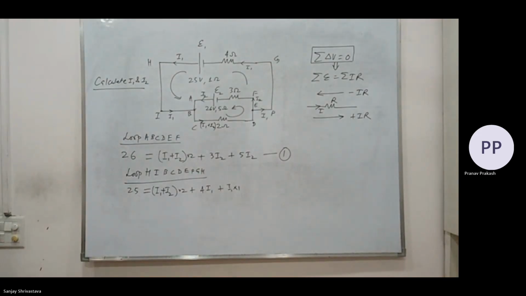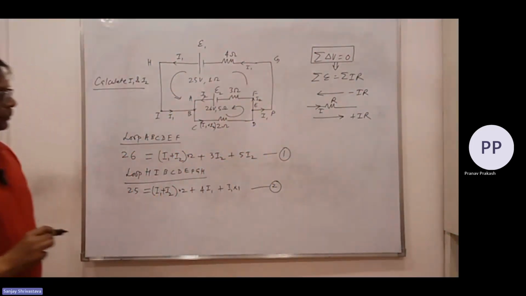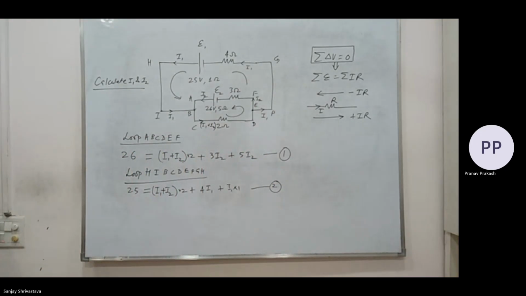Now we have two equations in I1 and I2. Solve for I1 and I2. Whenever we take a loop, we must be clear to minimize the number of components.